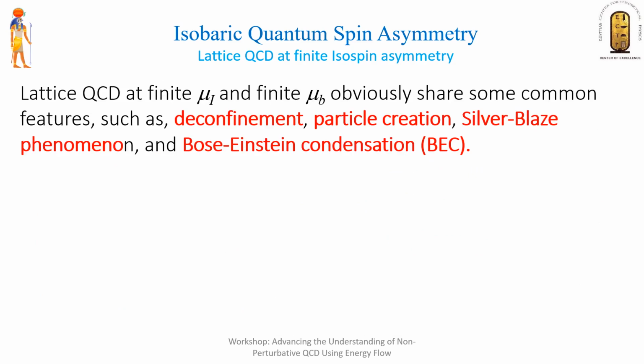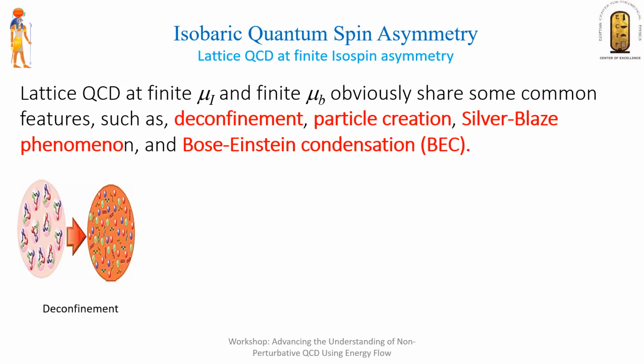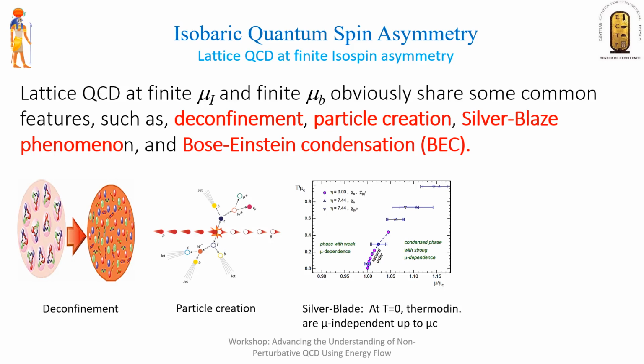What we think is that lattice QCD at finite isospin chemical potential and also at finite baryon chemical potential share some common features. For example, the deconfinement or particle creation, Silver Blaze phenomena, which is related to that the system, if you are at zero chemical potential, the thermodynamics are independent of the chemical potential up to some critical value.